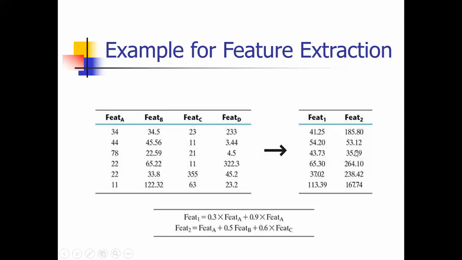For generating feature 2, I am adding some part of feature A, some part of feature B and some part of feature C. So some values and some operations will be needed to construct new features. We are using the concept of feature extraction.